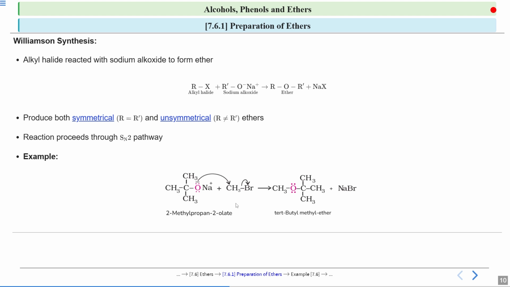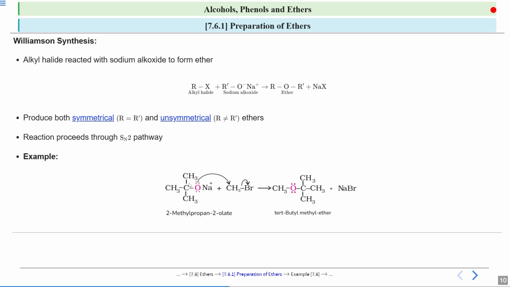If you take a primary alkyl halide, only then will you form an ether. If you reverse it, that means your alkyl halide is tertiary or secondary, then ether will not be formed. Alkene will be formed. So this is the catch in Williamson synthesis.